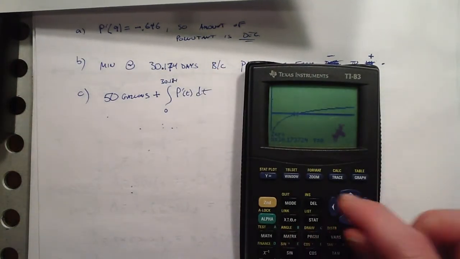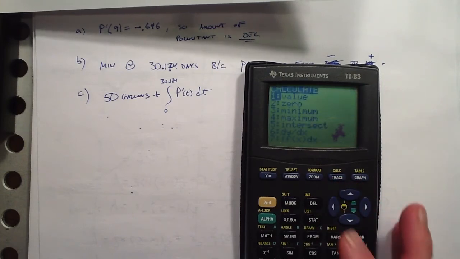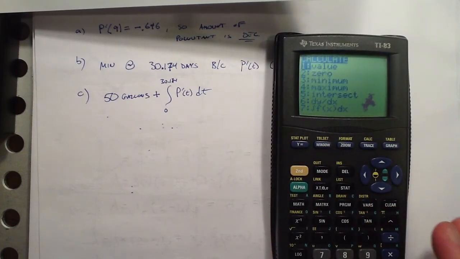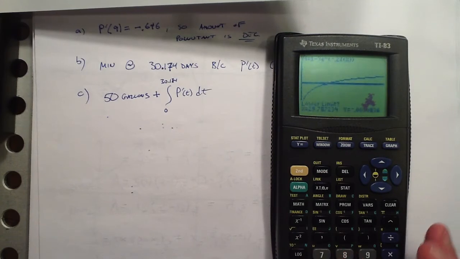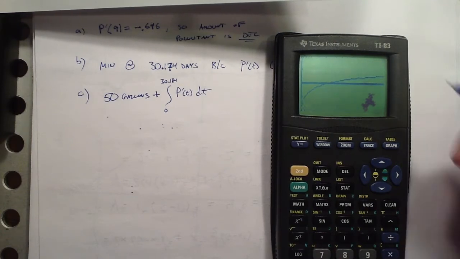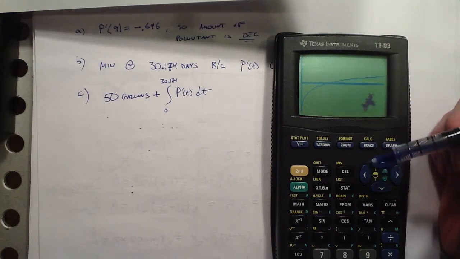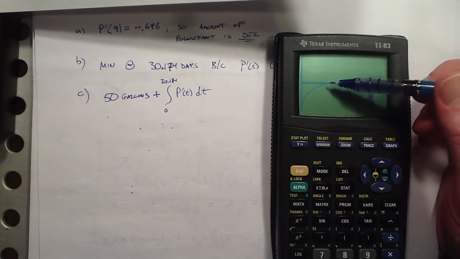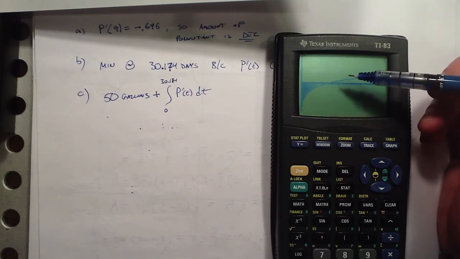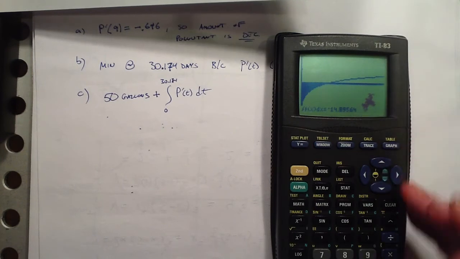So let's see. Second, calculate. Let's find the area from 0 to 30.174. Should shade right up to our spot where we cross there. Negative 14.87.